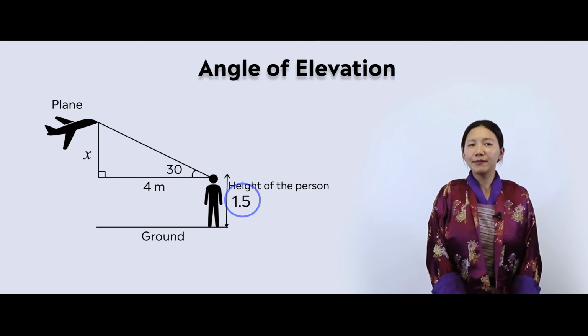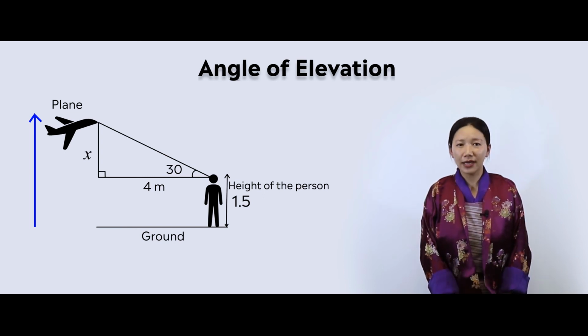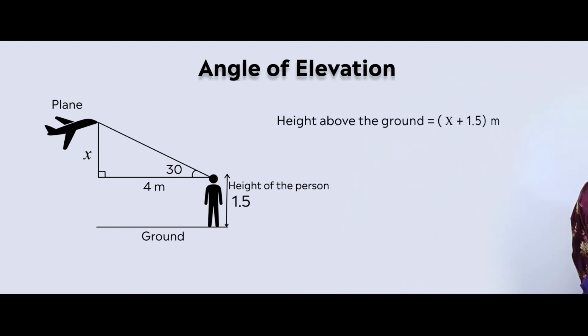So our aim here is to find the height at which the plane is flying. So height above the ground would be equal to x plus 1.5 meters. To determine the value of x, you can use again the concept of trig ratio. So which trigonometric ratio can we use? Considering angle 30, we know its adjacent and its opposite is unknown. We need to get the opposite length.